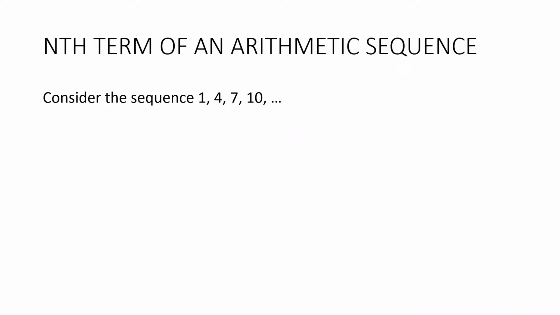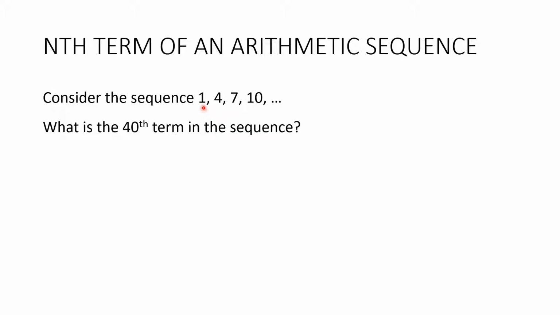Let's have a look at how we might work out the nth term of an arithmetic sequence. Consider the sequence 1, 4, 7, 10. Suppose we wanted to know what the 40th term in the sequence was. We can see it's going up by 3 each time. We could just sit there on the calculator and go plus 3, plus 3, plus 3, but we need a quicker way.